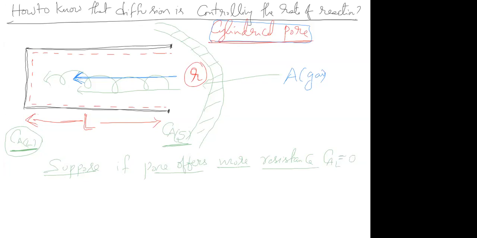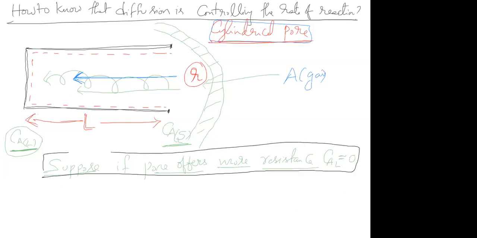That means particles find it extremely difficult to enter inside the pores. I do not have colors, that is why I am writing in multiple colors. If particles face more resistance, then your CaL is almost equal to 0.